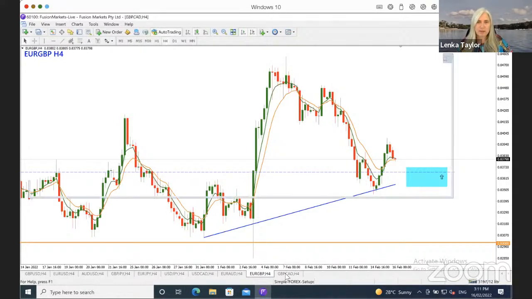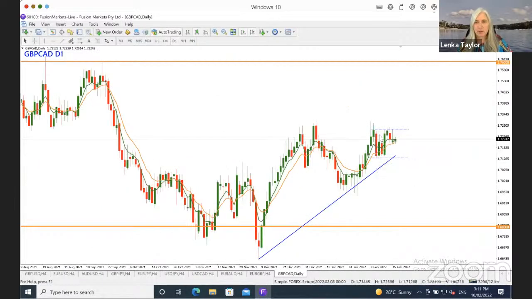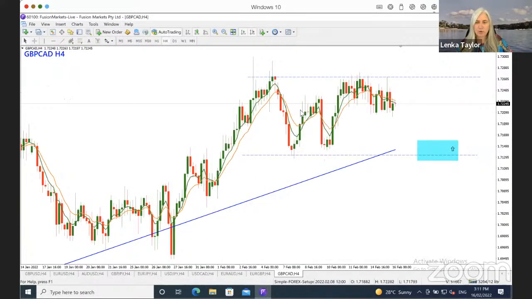And the last currency pair I'm looking at is GBP CAD. On GBP CAD, I'm still long on this. We are in the range at the moment, so not great for trading. I did take that trade at the first one, which was a partial profit, but since then there is nothing really.